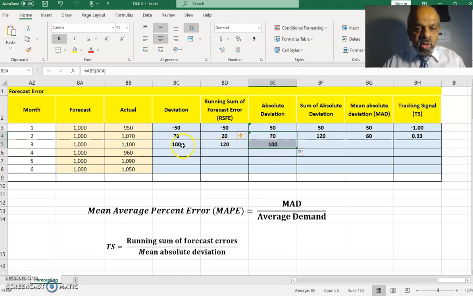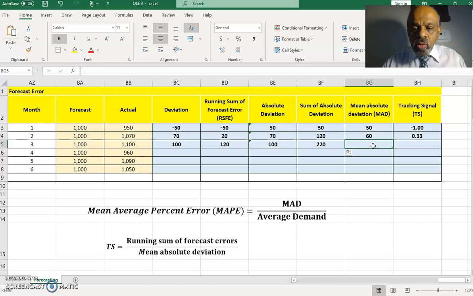The deviation is 100, so the absolute is also 100. The sum of the absolute deviation is going to be 220, which is 120 plus 100. I'm just copying and pasting. The mean absolute deviation now is basically the average of these three.